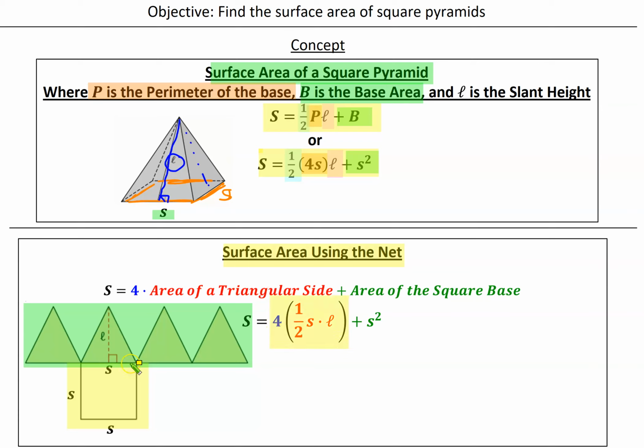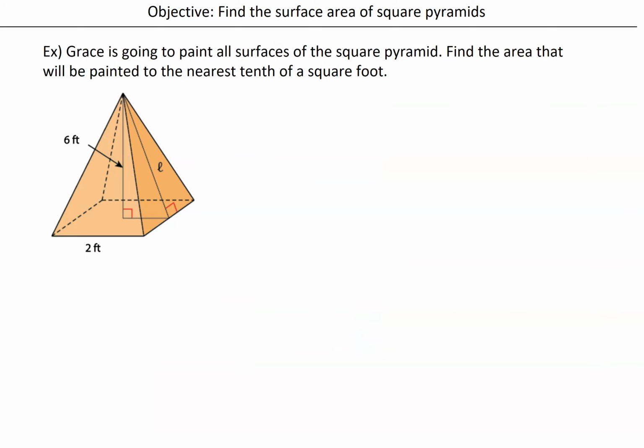So the area of one triangle would be 1/2 times its base, which is S, times its height, which is the slant height L. That's what we're looking at here. Area of one triangle times 4, plus then the area of the square, which would be S squared. Your choice when we're doing problems. All right, so let's take a look at an example here.